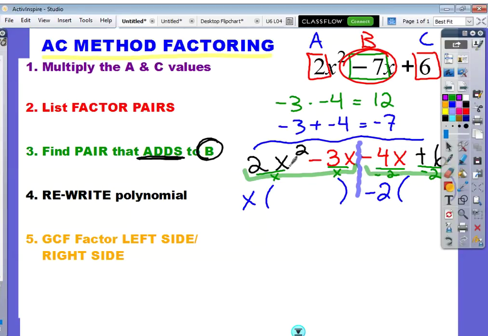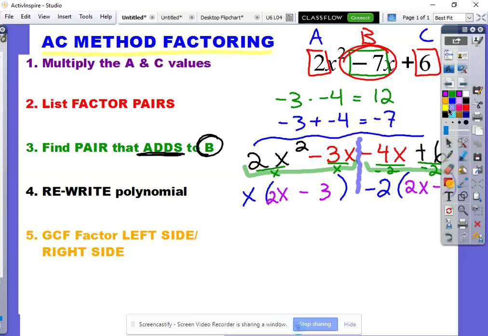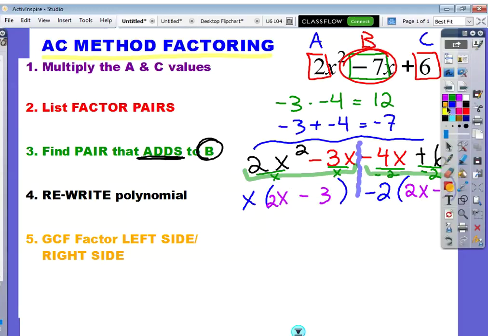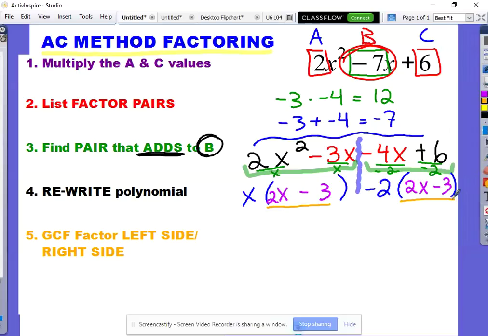In this case, 2x squared divided by x gives us 2x, and negative 3x divided by x gives us negative 3. On our last one, negative 4x divided by negative 2 gives us 2x again, and 6 divided by negative 2 gives us negative 3. And you should notice that this binomial and this binomial are exactly the same.